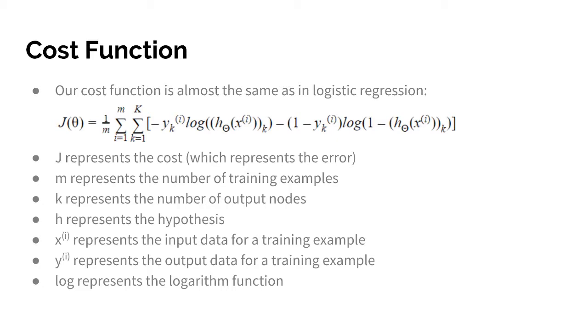And so k simply represents the number of output nodes. In our example, it's just equal to 1. But let's say you're trying to build a classifier like the digit classifier, you would have 10 output nodes, which each correspond to the probability that the image is equal to that number.